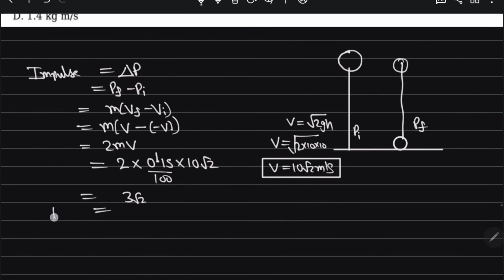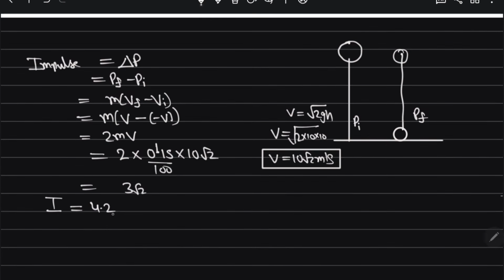So impulse is basically 4.2 kg meter per second.